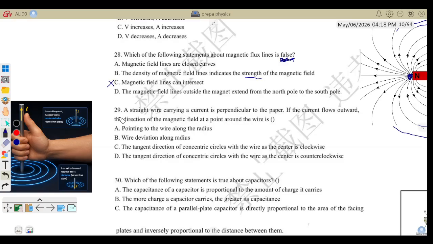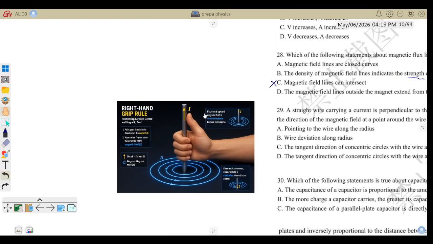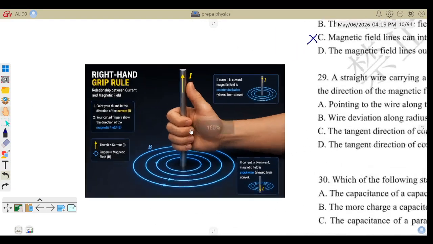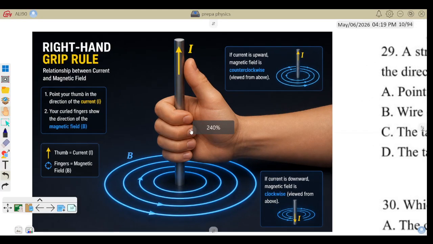For the 29, a wire carrying a current is perpendicular to the paper. If the current flows outward, the direction of the magnetic field at a point around the wire is? To answer this question, we're going to need to apply what we call the right hand rule. What happens if a certain current is flowing through a wire?